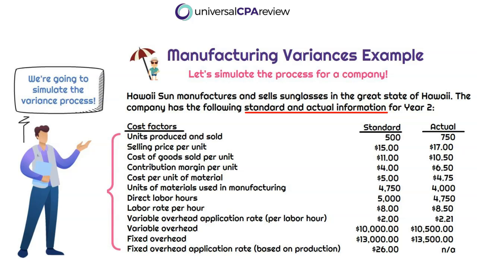It's the units produced and sold, the selling price per unit, some of the cost of goods sold per unit, the contribution margin, the cost to purchase some of the materials, the amount or volume of material used in manufacturing, the direct labor hours, the labor rate per hour, and then some variable overhead application rate, variable overhead in total, fixed overhead in total, and then some more fixed overhead application rates.